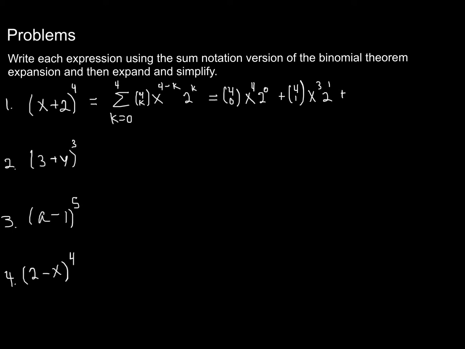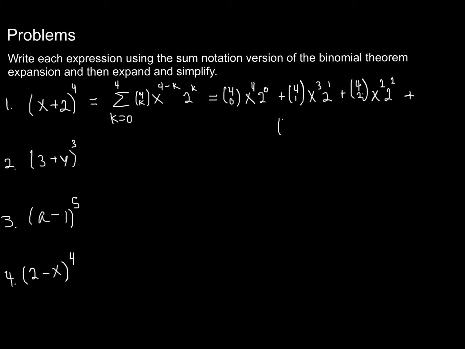Plus, and now I'm changing k to be 2, so on and so forth. So I have 4 choose 2, x to the 2, x squared, 2 squared. All right? Plus, I'm going to go down to the next line, but you should be able to keep this on the same line.